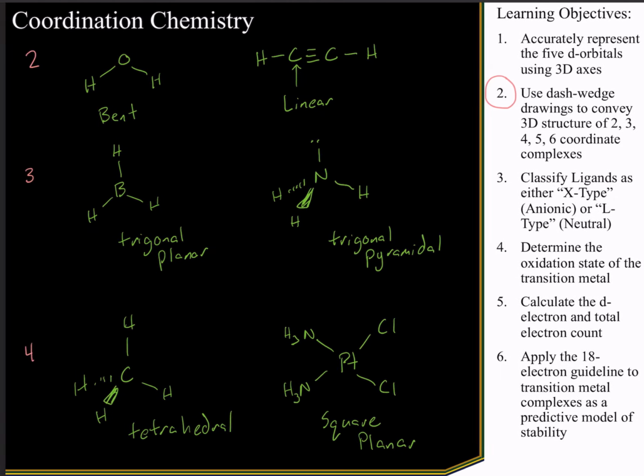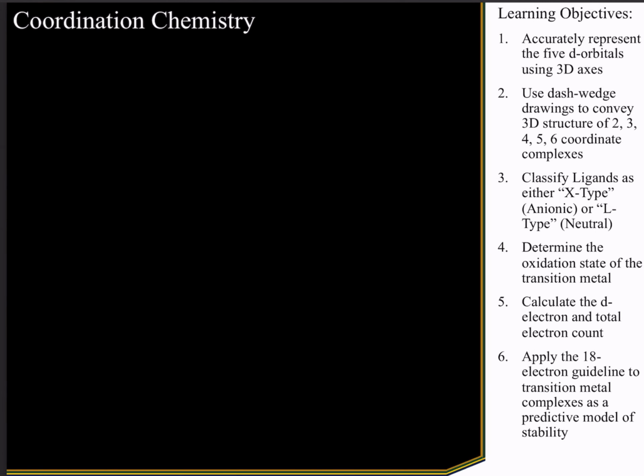So as we move on to 5 coordinate compounds, right? So 5 coordinate complexes, something like PF5 is actually 5 coordinate. So we have our fluorines. Right.